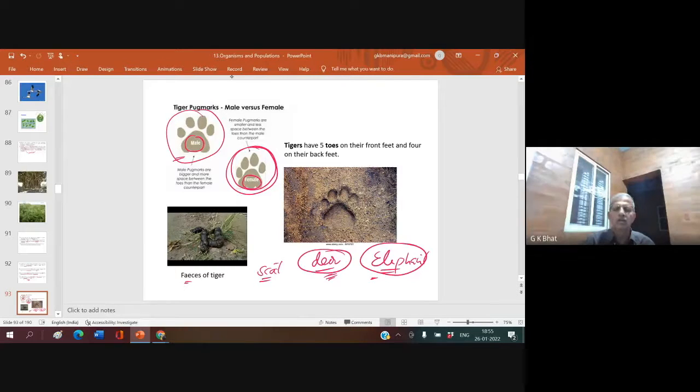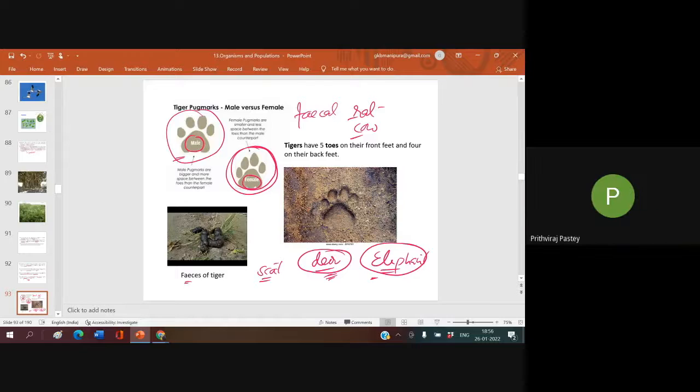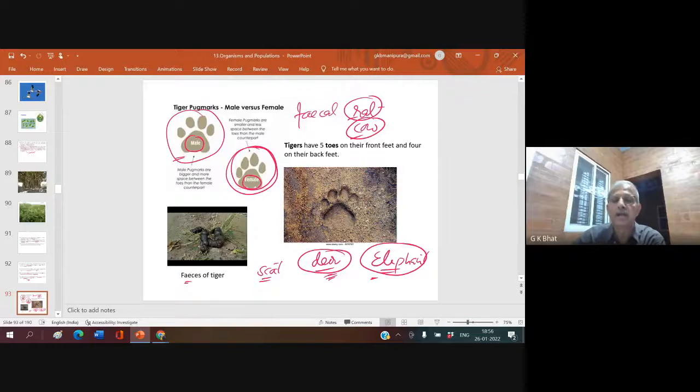You have not seen? I have not seen elephant fecal matter, I have not seen deer fecal matter. Are you going to tell like that? Prithviraj, can you make out the fecal matter of a rat and that of a cow? Yes, sir. How? Size will be different. Okay, like that you can make out the fecal matter difference between deer and elephant, and you can tell the population of deer and the population of elephant.